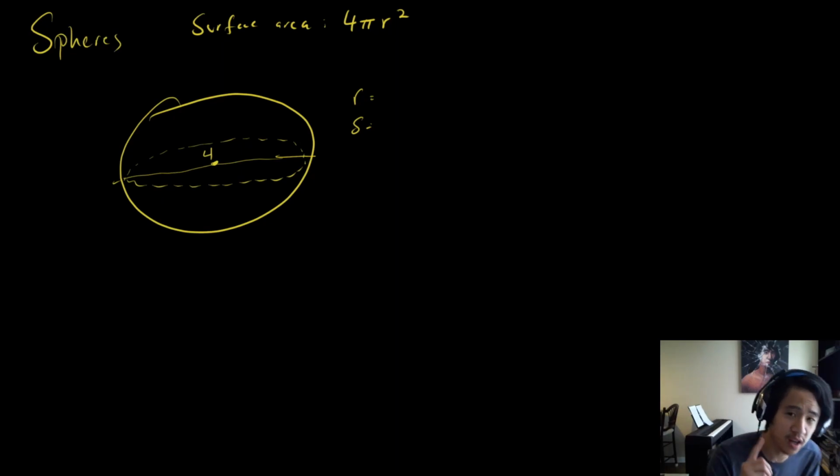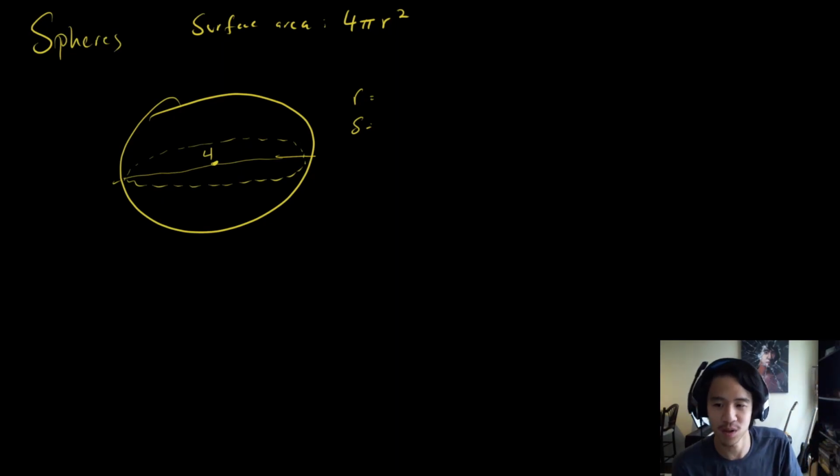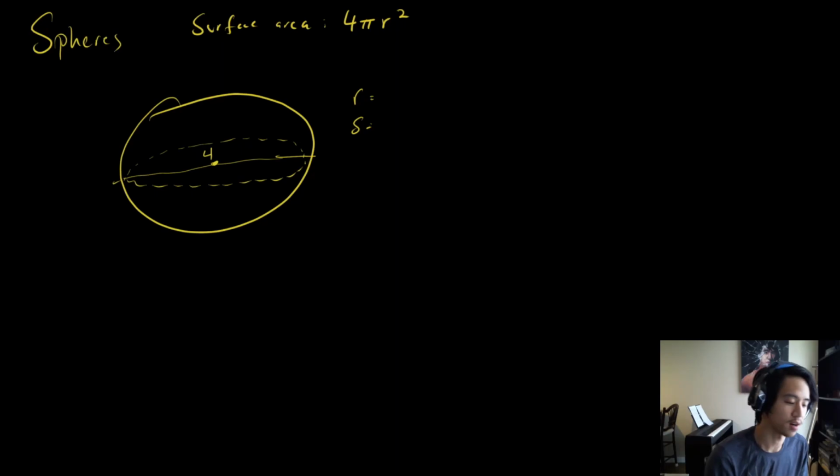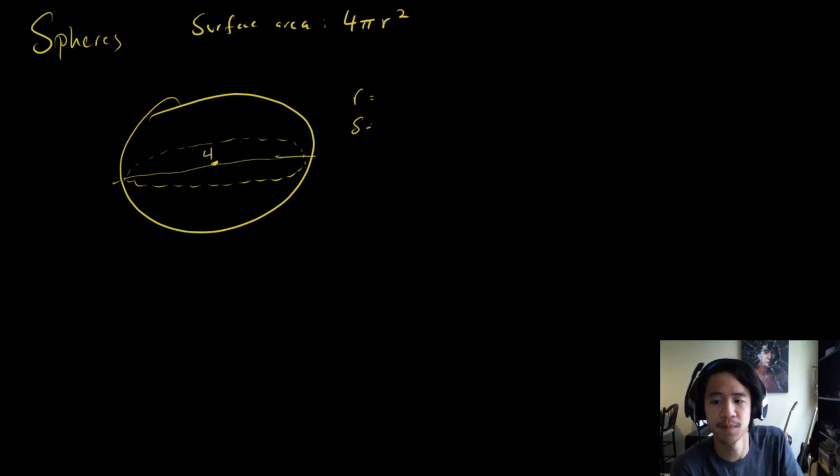Honestly, there's something really fun that we could do with this if we were at school. There's also a really good video by a math YouTuber, 3Blue1Brown. Go check him out, super awesome guy, about this formula. It's honestly really cool.